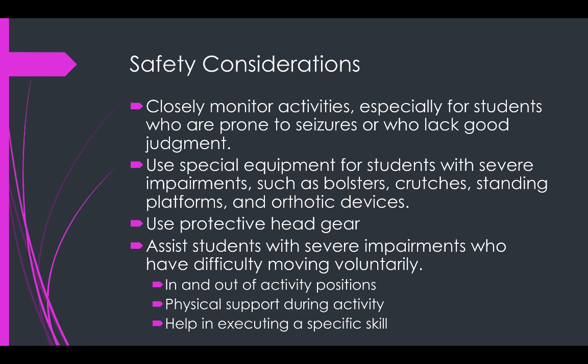And it's important that students who have severe impairments due to stroke and have difficulty moving voluntarily, we should also provide them passive movement. We can provide them physical support during activities. We can potentially get them in different posture positions, not just standing. They could be on a mat, laying down, and just really helping them execute different skills is really important.